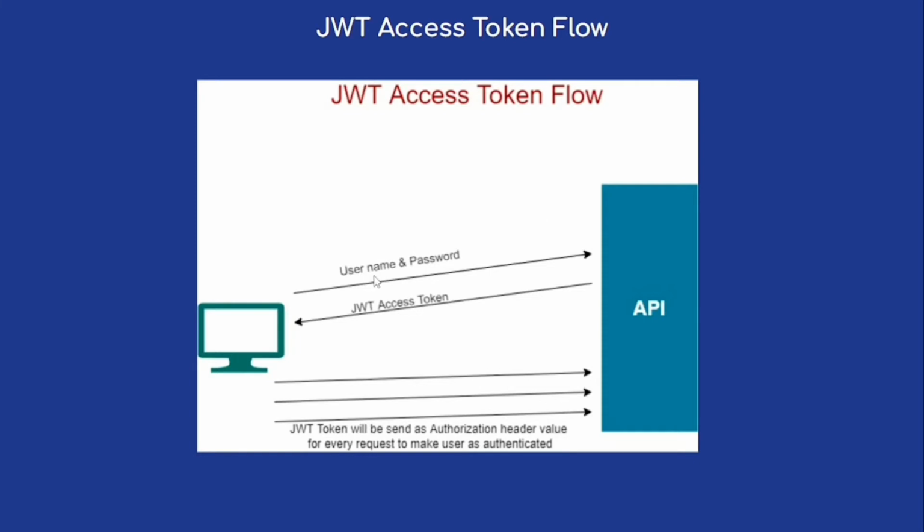When the user sends a username and password to the API, if they are valid, then the API creates a JWT access token and returns that token as the response to the client. Then the client stores that access token either in the browser session or in some state.